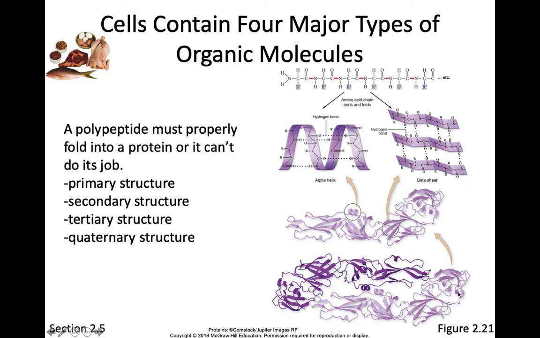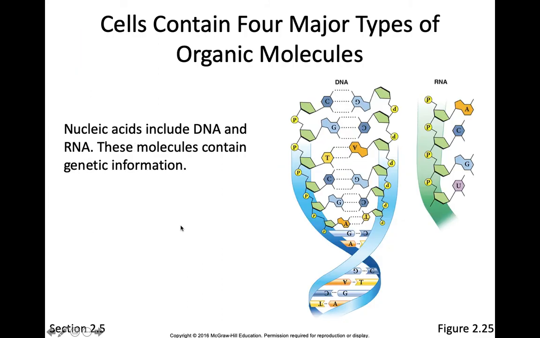So one or more fully formed proteins that are joined together. Sometimes they join together because this protein can do half the job, this protein can do half the job. They join together to do the full job. Things like hemoglobin work like this. Maybe they work better together than they do separately. So they will form quaternary structures, groups of proteins put together.